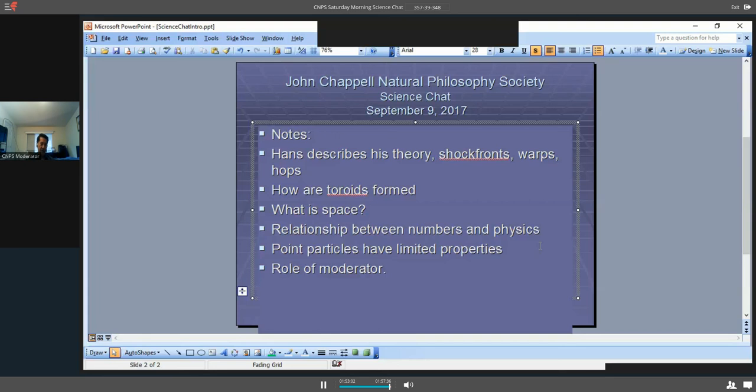But then we kind of got into a discussion of what is space itself, and actually, what is the relationship between numbers and mathematics and space? So, is space a mathematical construct? Is it a real construct?